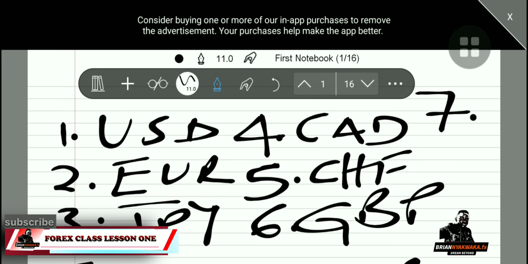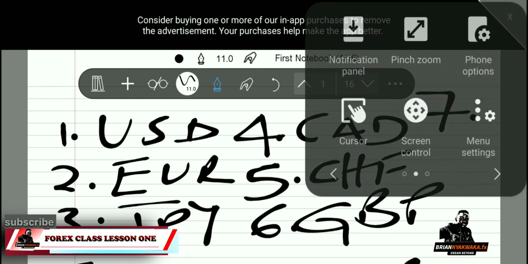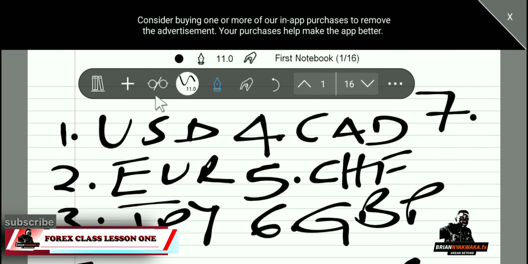So minor currency, these are any other currencies apart from United States dollars, apart from euros, apart from Japanese yen, apart from Canadian dollar, apart from Swiss franc, and Great Britain pound, and Zimbabwean dollar.